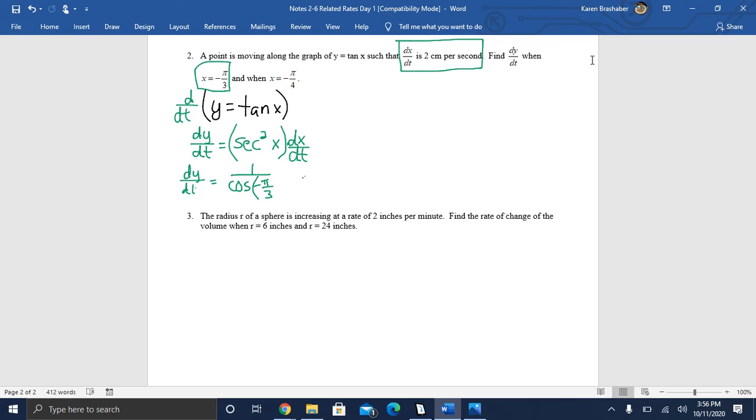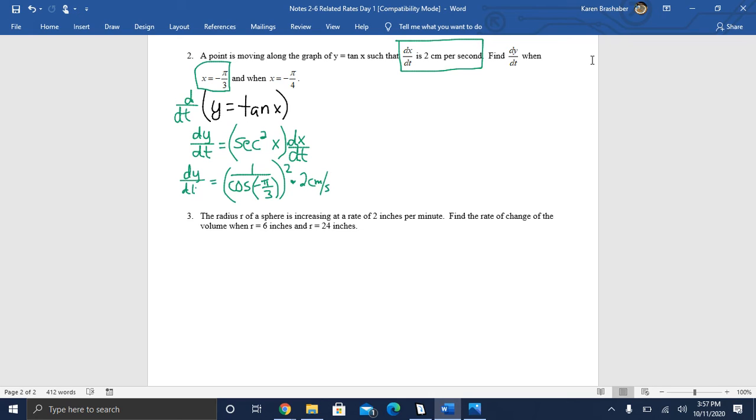This is the moment in time that we're considering, and it is squared. Our dx/dt is 2 centimeters per second, and so this is being multiplied.